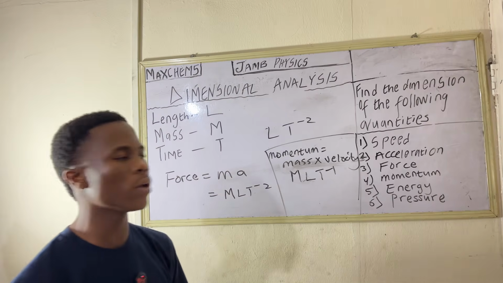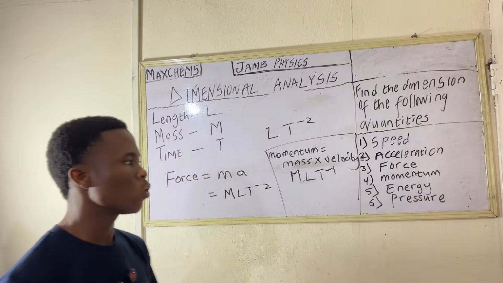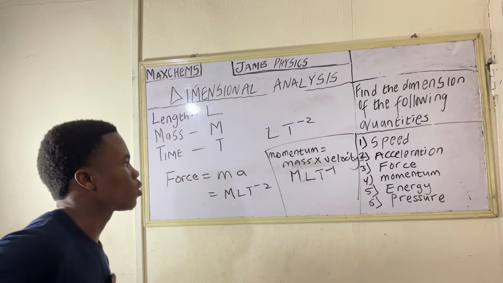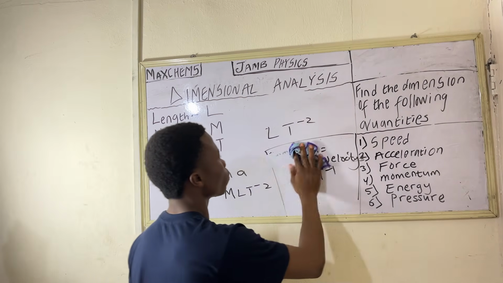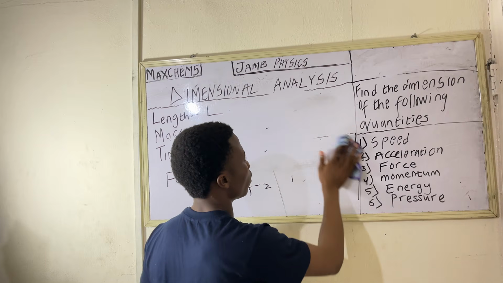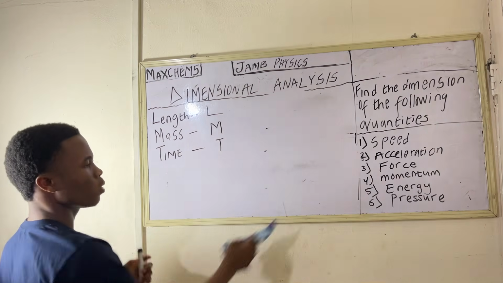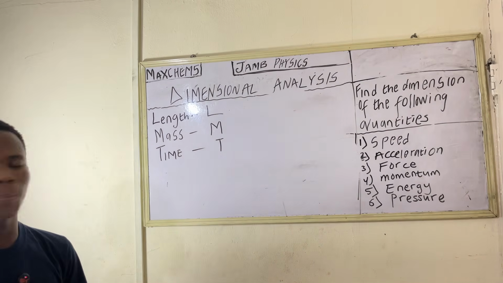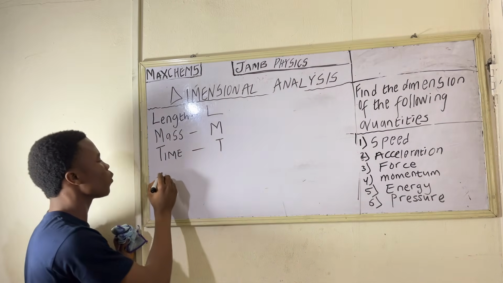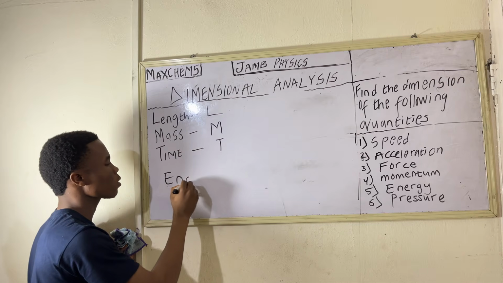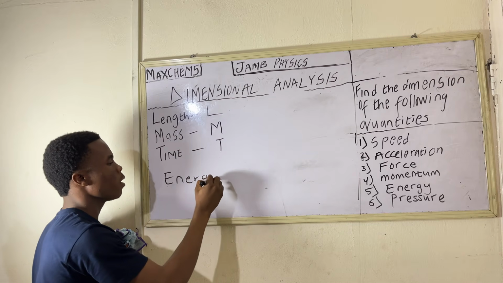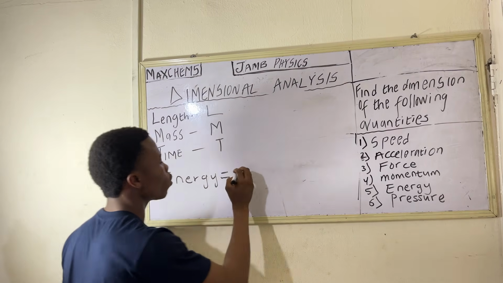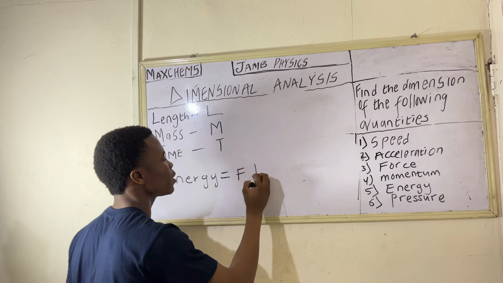Next we are going to find the dimension for energy and pressure. Then I will give you a particular question so we can solve it together. The formula for energy is force times distance, FD.